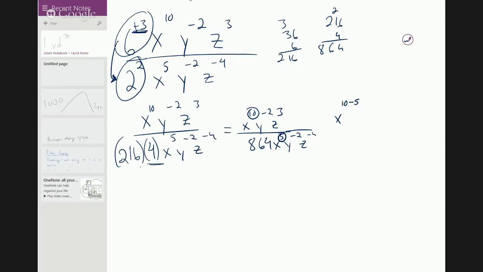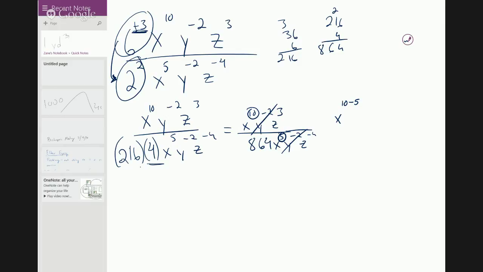If you look at your y's, we have y to the negative second on the top and the bottom. Neither is larger than the other, they're the exact same thing. In math, whenever you have the exact same thing on the numerator and the denominator, they can just cancel out. My y's are totally gone.